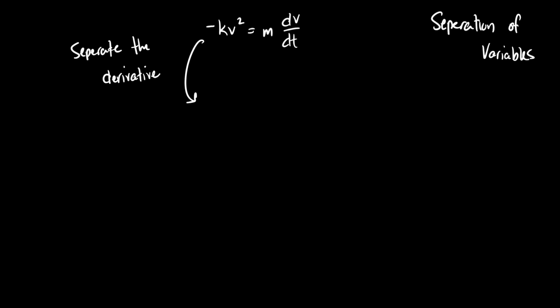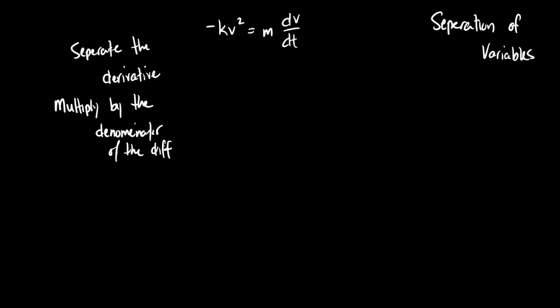You do this by multiplying by the denominator of the differential. And I wouldn't write all these steps out if I didn't think it was important, so keep that in mind. All right, so the differential is dv over dt. I'm going to multiply both sides by dt.